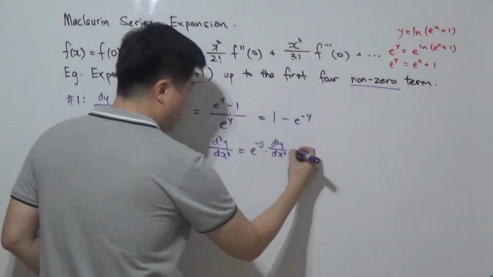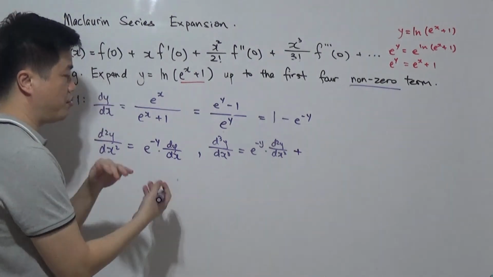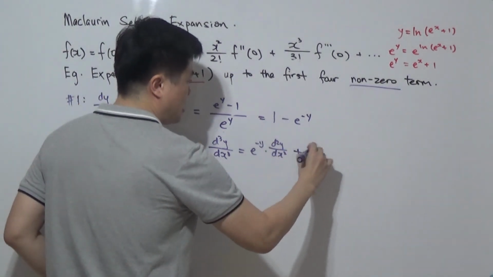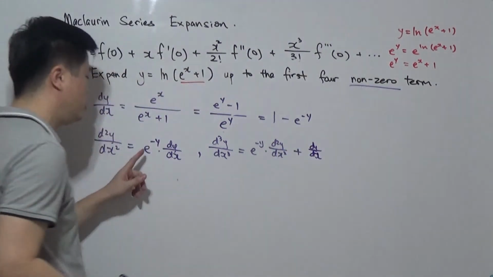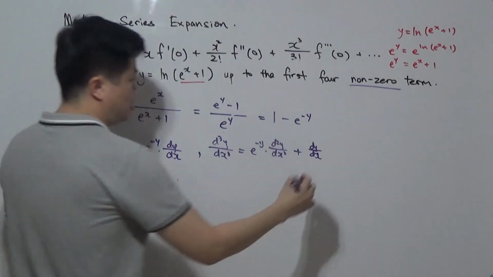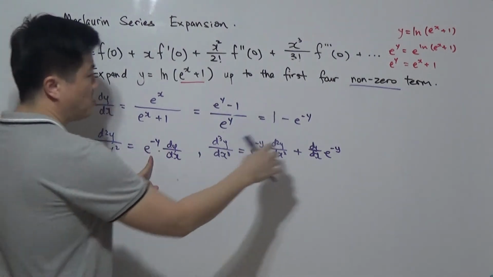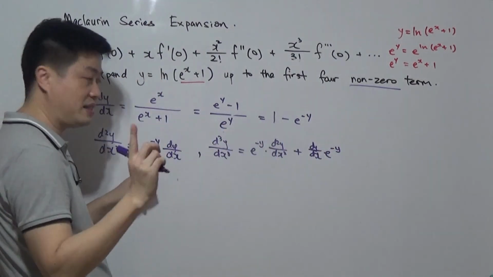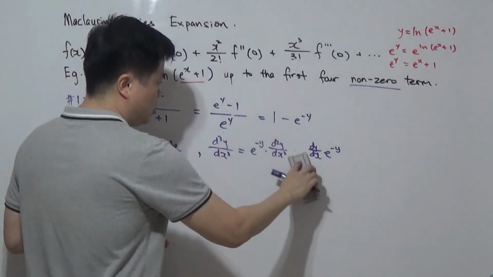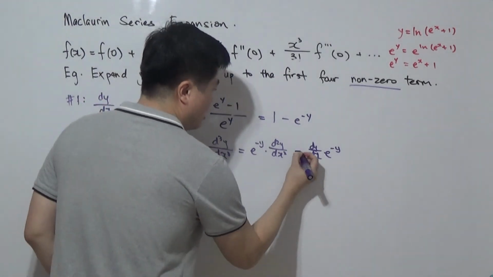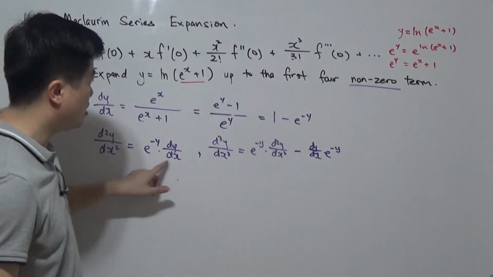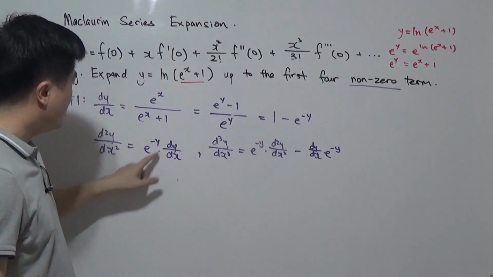And since it's product rule, we're going to do the reverse. So we're going to keep the dy dx this time, and then we're going to differentiate this guy. When we differentiate this guy, it's going to give us e minus y, and then we chain it, it's going to give us a negative, so that changes the sign to minus. Again, we're going to keep the dy dx and differentiate e minus y.